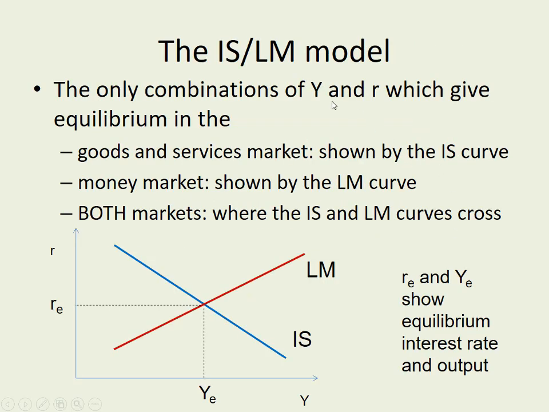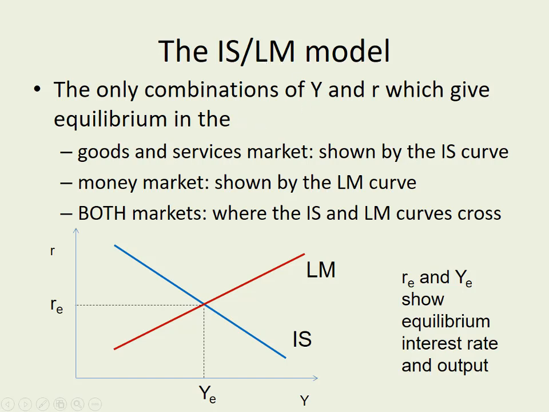So finally, if you put both these lines on the same map of Y versus R, then you have the IS-LM model. Investment and saving, that's the market for real goods, and here the market for liquid money.